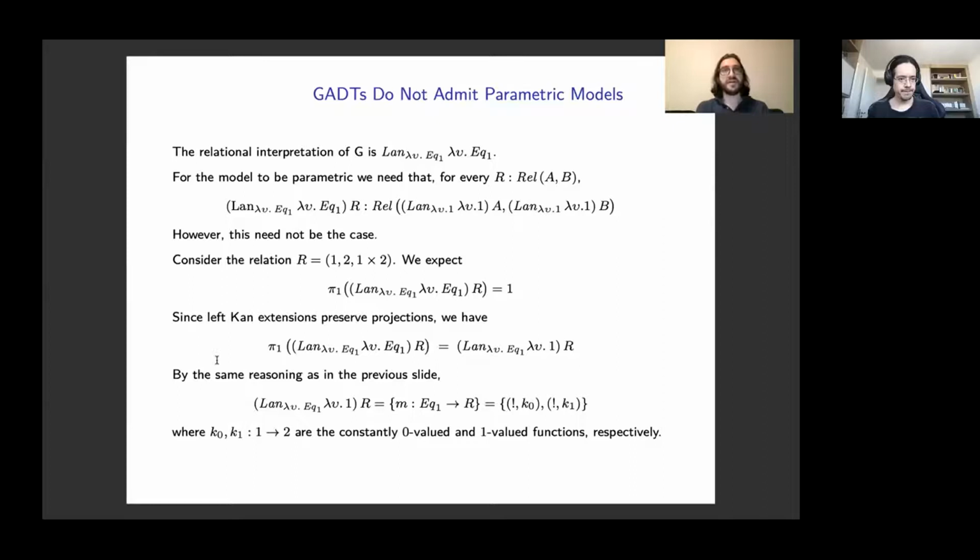Using the fact that Lan extension preserves projections and using calculations analogous to the ones from the previous slide, we get that the domain of the relational interpretation actually has 2 elements instead of 1. The relational interpretation is thus not over the set interpretation, and the model is not parametric.